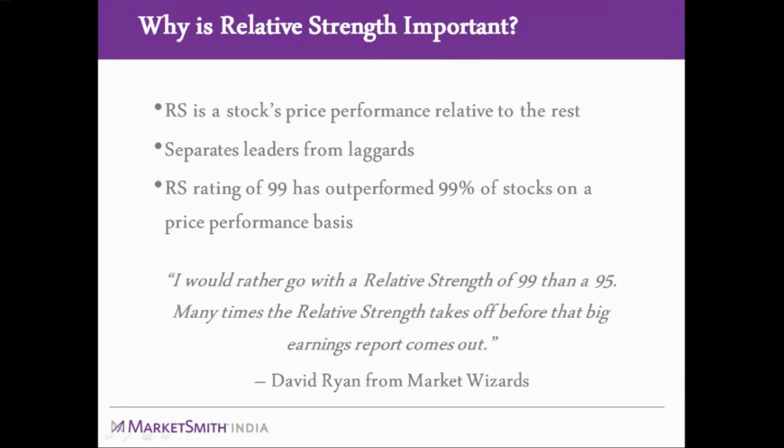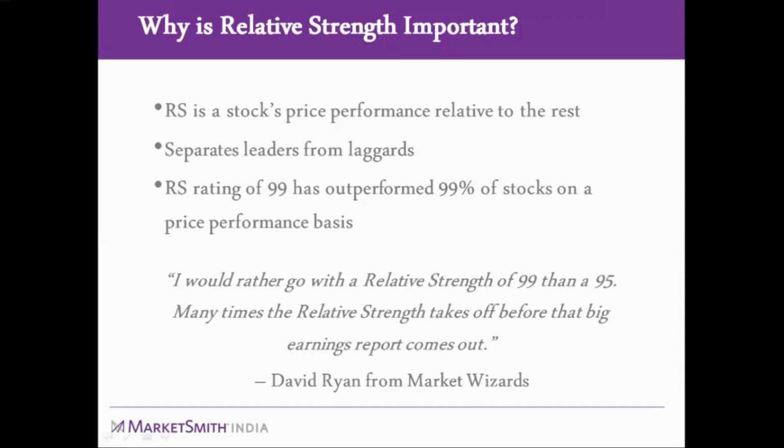Now, an RS rating of 99 means that it has outperformed 99% of stocks on a price performance basis, right? In the relative strength rating, we look at price performance over a period of 1 year, but we give more weightage to the recent performance.